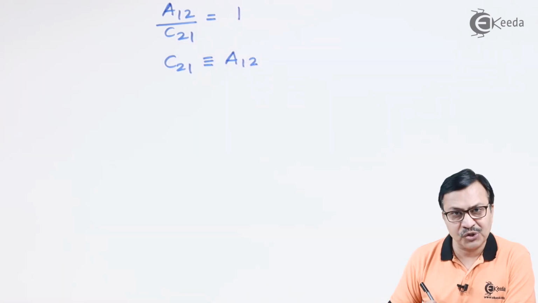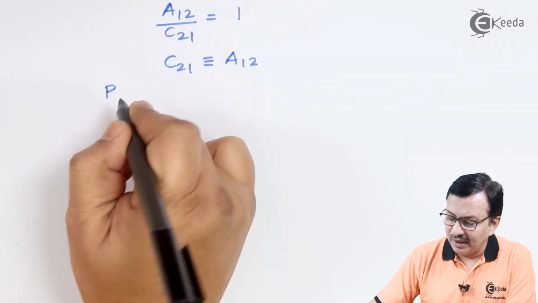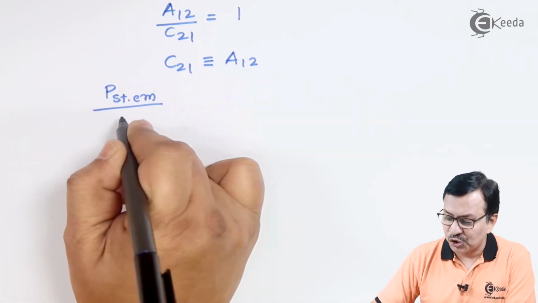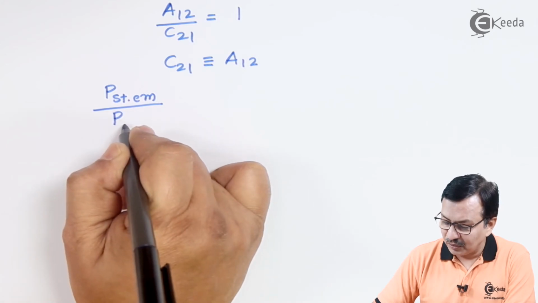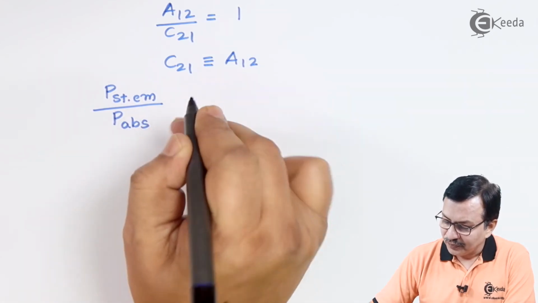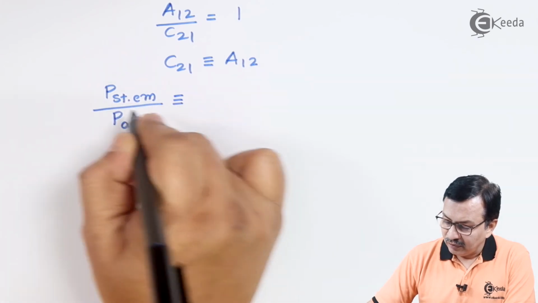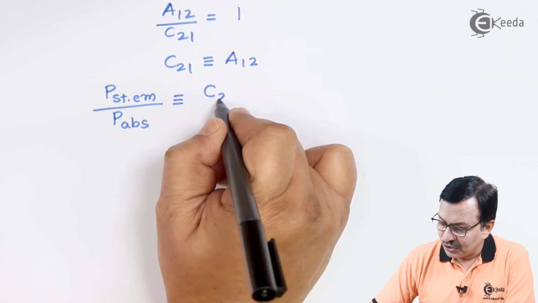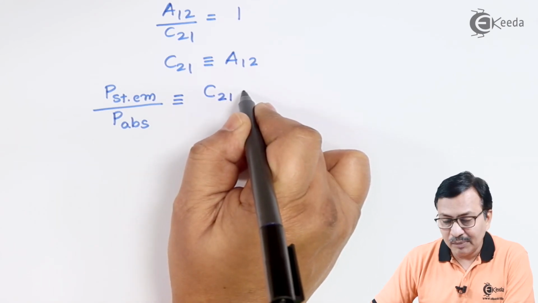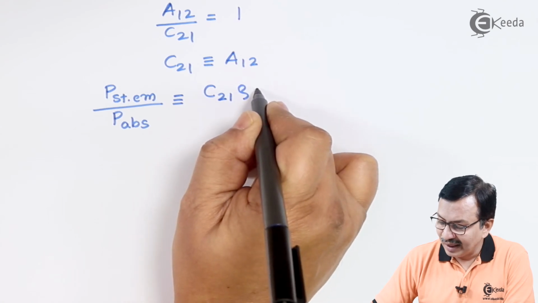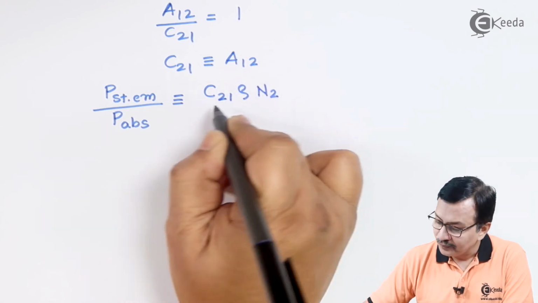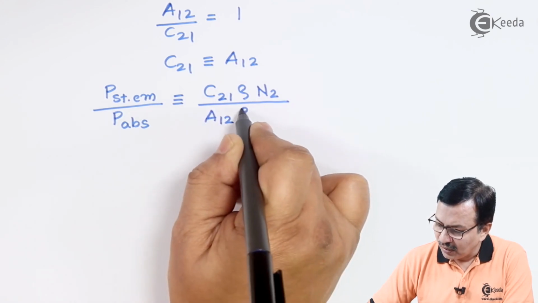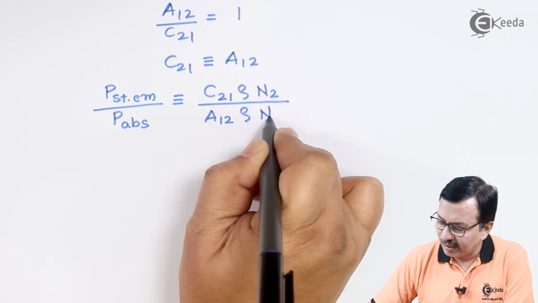Now let us find out the ratio. That is, the probability of the stimulated emission as compared to the probability of the absorption is equal to, we know that the probability of the stimulated emission is given by C21 multiplied by rho multiplied by N2, divided by A12 multiplied by rho multiplied by N1.